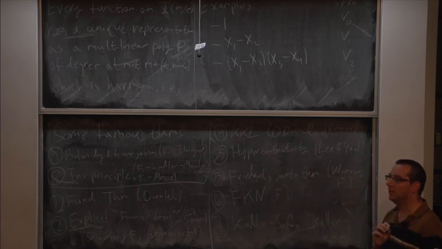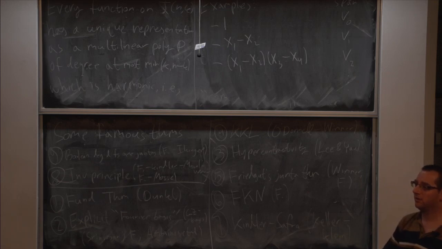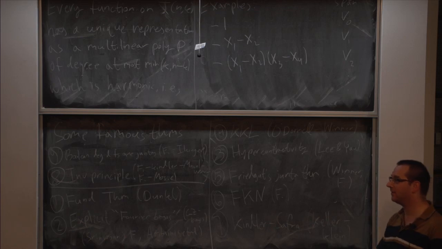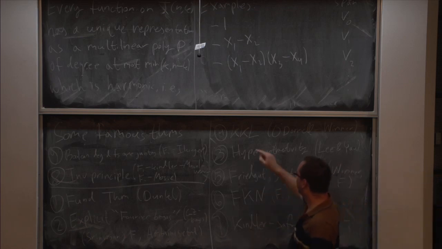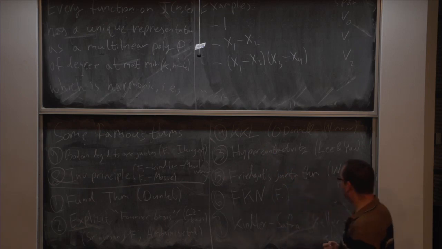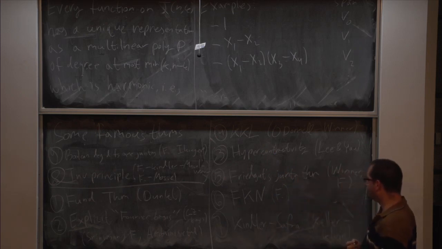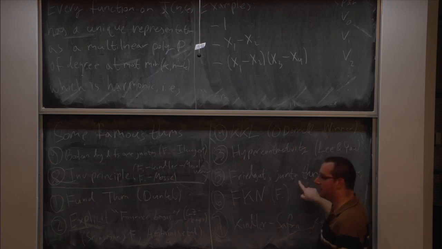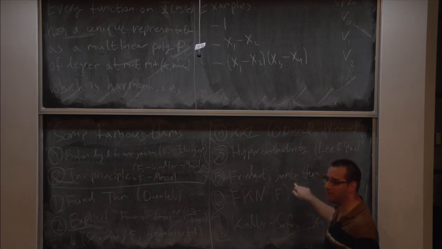These proofs are usually similar to the original proofs once you have the decomposition. It depends. For the KKL theorem, it's very similar, basically the same. Here the idea is the same, but there are some calculations which are not so obvious.